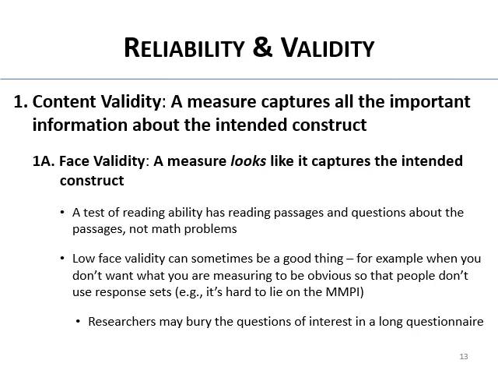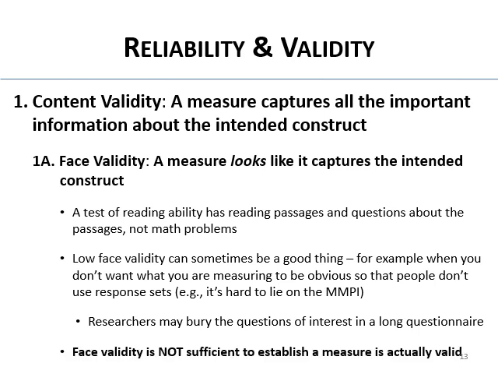I've seen cases where face validity is thrown off by putting tons of questions on a questionnaire when you only care about a handful, and the whole point is so they can't guess what you're trying to measure. You bury it in a bunch of other questions. So face validity is not sufficient to establish a measure is actually valid.